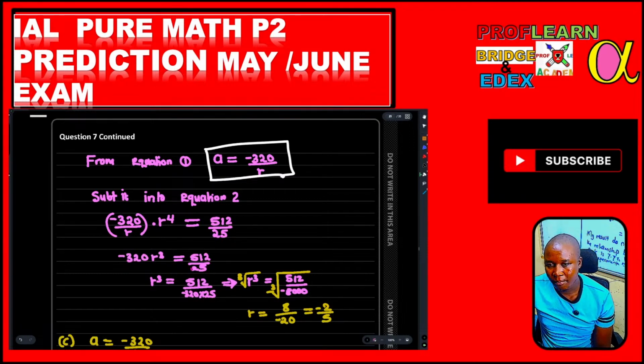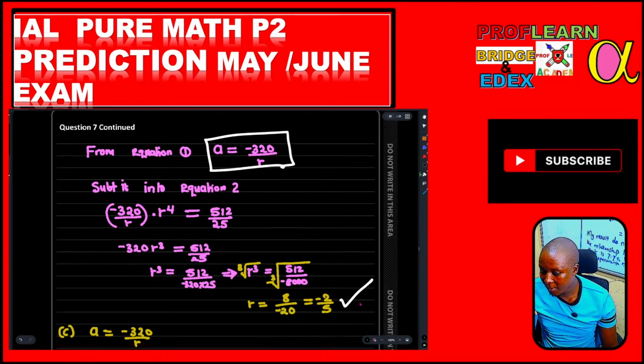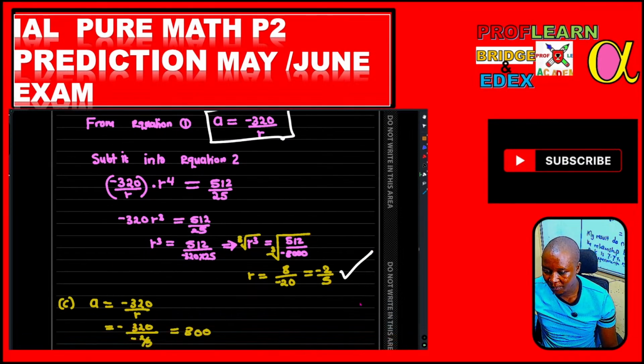Trying to make r the subject of the formula, r reduces to r cubed equals 512 over negative 320 times 25. Finding the cube root both sides, we shall get our answer for r being -2/5.